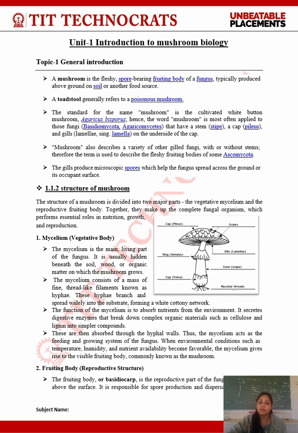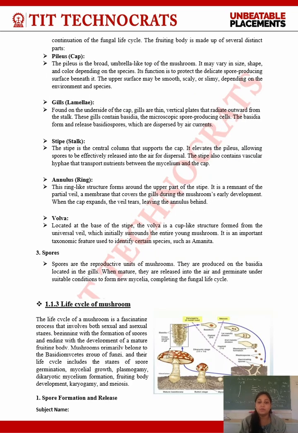The fruiting body is also called the reproductive structure, which we can easily see with our eyes, and it consists of the cap, which is called pileus, gills, lamellae, stipe, stalk, annulus, rings, volva. The cap is a major part which looks like a head, and the stipe supports the mushroom, and the annulus ring is present on the stalk, and the volva is present at the base of the stipe.